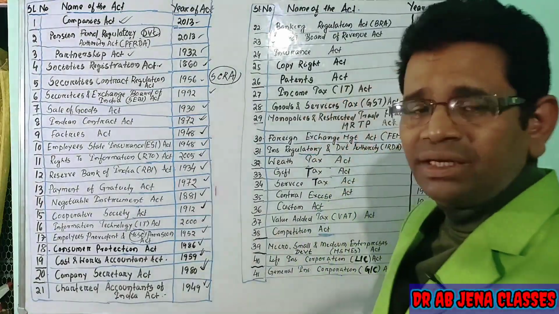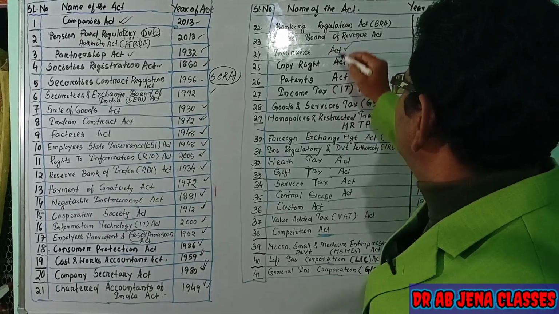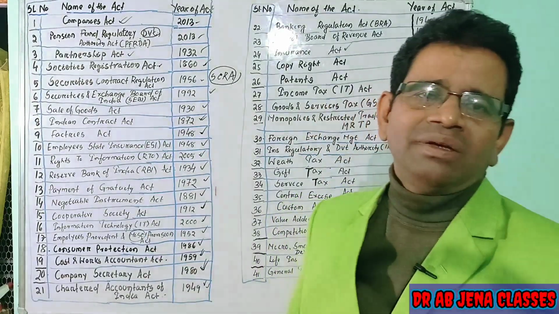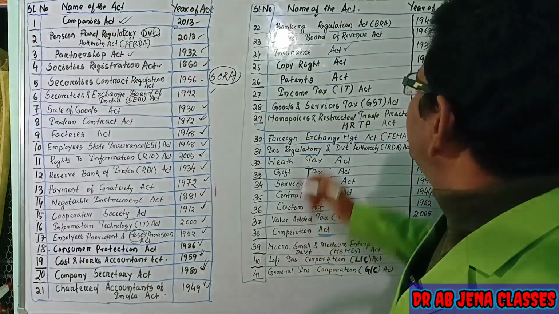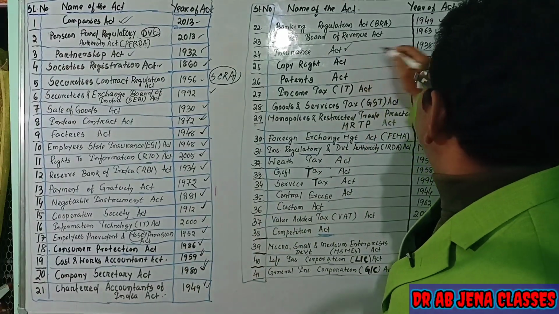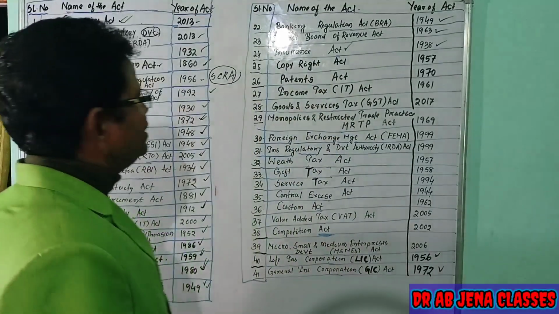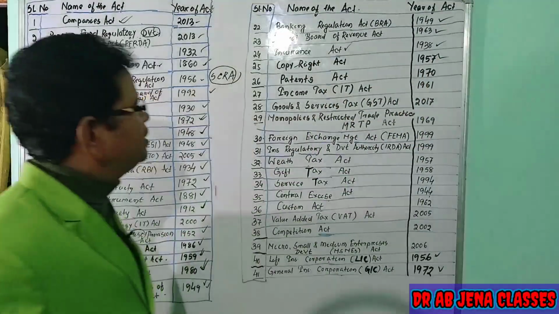There you will learn about the Insurance Act as well as the Banking Regulation Act, and the role, various functions and powers of the RBI. The Insurance Act is 1938. Then the Copyright Act is 1957.